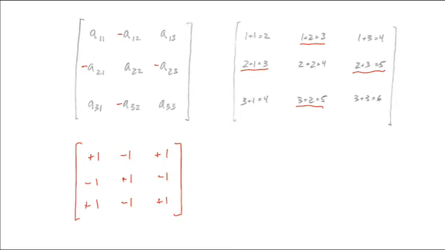If we had a 2 by 2, that pattern still repeats itself. We would get a plus, minus, and a minus, plus.